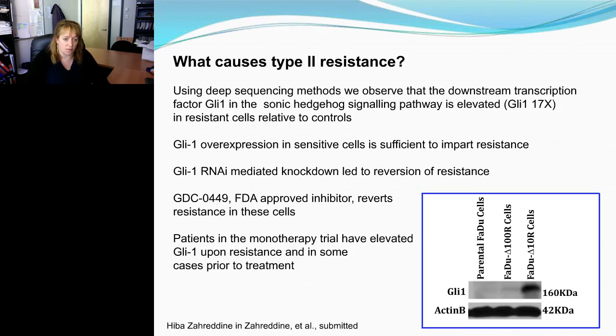And this led us to investigate, and I'll show you, that the GLI1 inhibitor that's recently been approved by the FDA for metastatic basal cell carcinoma, known as GDC0449 or Vismodegib, reverts resistance in these cells. And we went on and checked patients in a monotherapy and also in our combination study, and have been able to show they have elevated GLI1 upon resistance relative to clinical response.